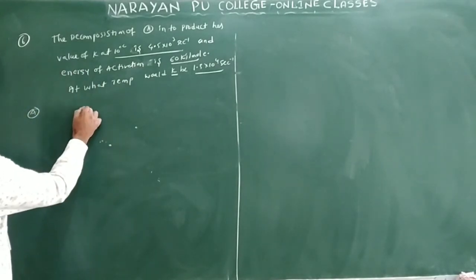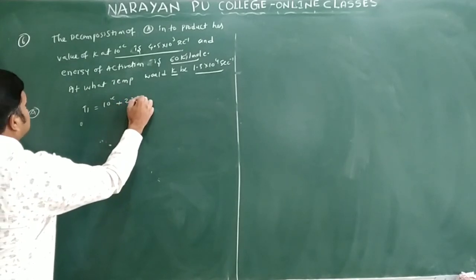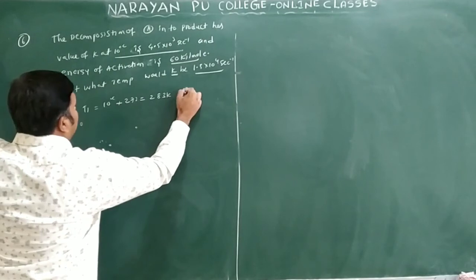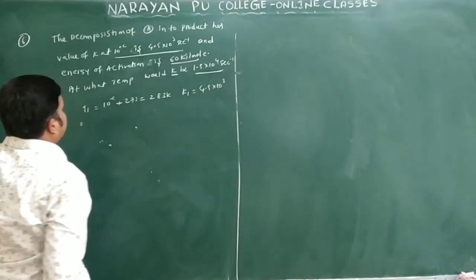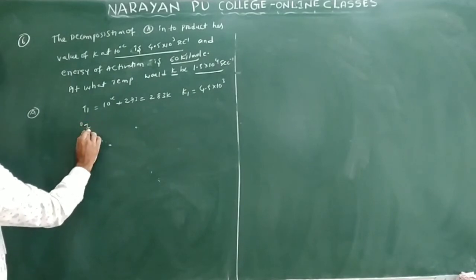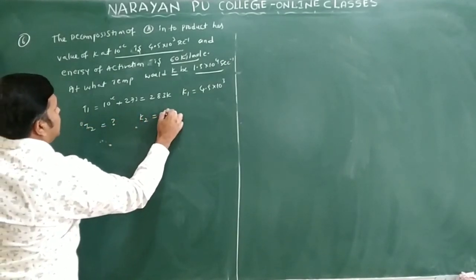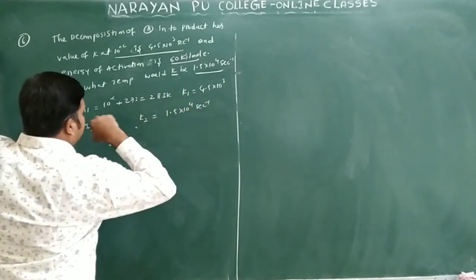So initially, here T1 is equal to 10 degrees Celsius, that you can say 10 plus 273, that is equal to 283 Kelvin. At this, K1 is given, K1 is equal to 4.5 into 10 cube second inverse. And T2 we don't know, we can find out the T2, and K2 is already given, that is 1.5 into 10 power 4 second inverse.